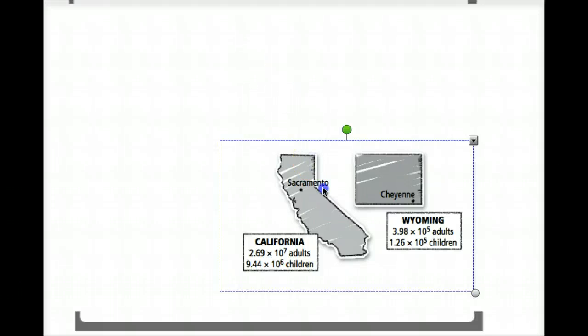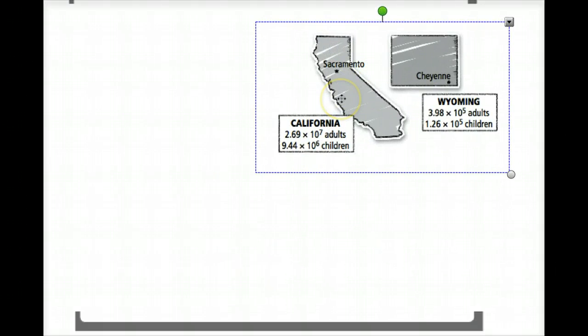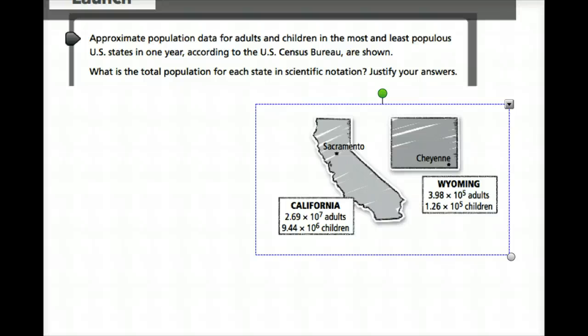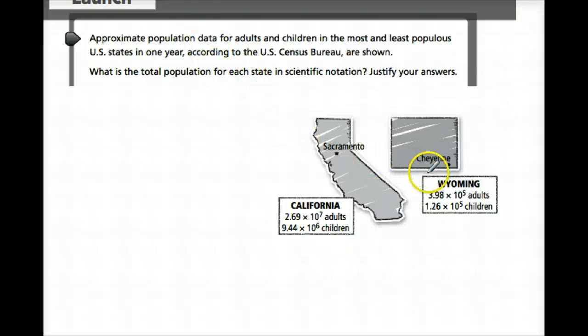Okay, so here we have California, the most populated state, and Wyoming, the least populated state. So we're just going to add up all of these people. We're going to add up 2.69 times 10 to the 7th adults, 9.44 times 10 to the 6th children, and we're going to add that to these two here.